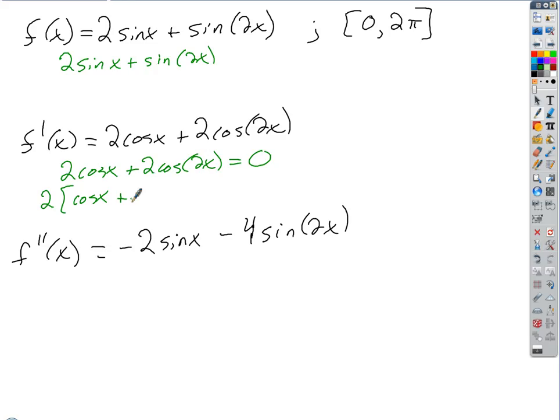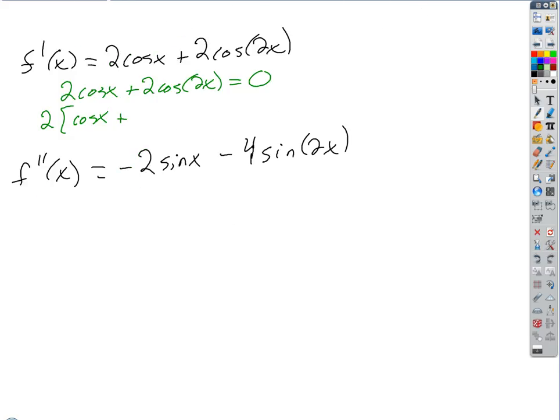Cosine 2x can be cosine squared minus sine squared, or you could rewrite that. The only one you need to remember is this one: cosine 2x is equal to cosine squared x minus sine squared x.